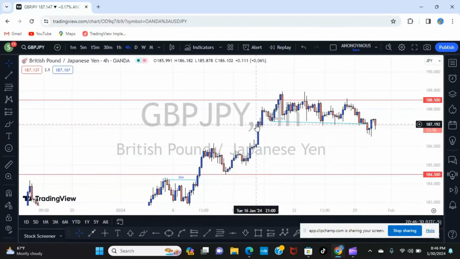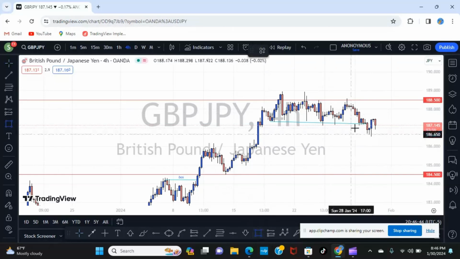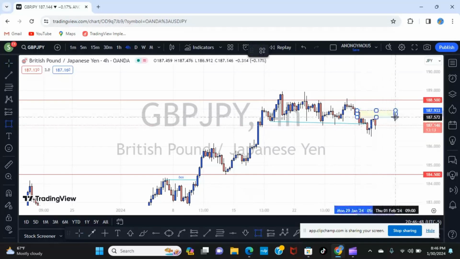So what we're gonna do now, we're gonna mark out a strong supply area that pushed down the market to break the structure. So we mark out here. This here is a strong supply level that pushed the market lower.